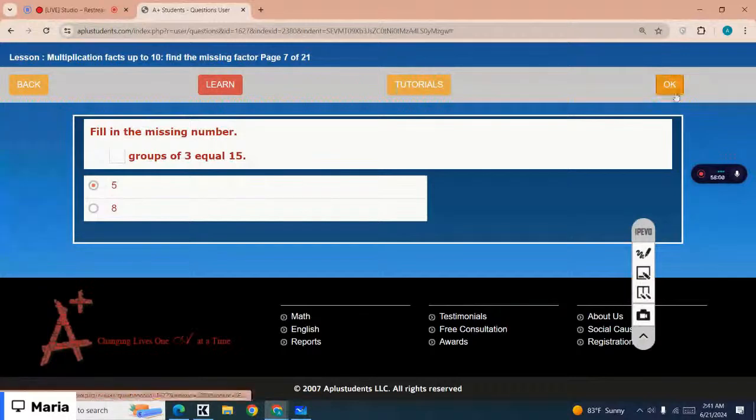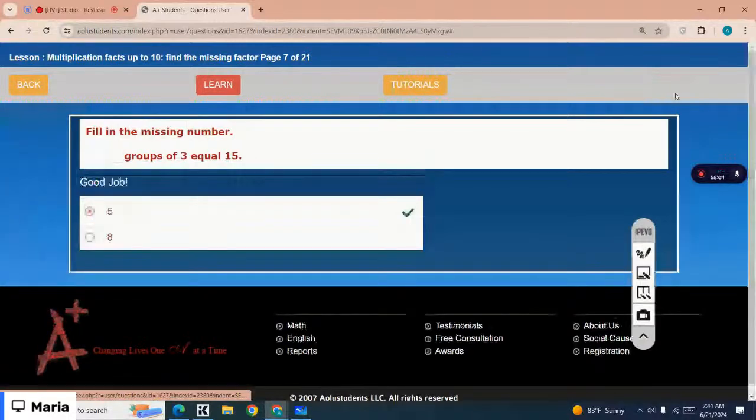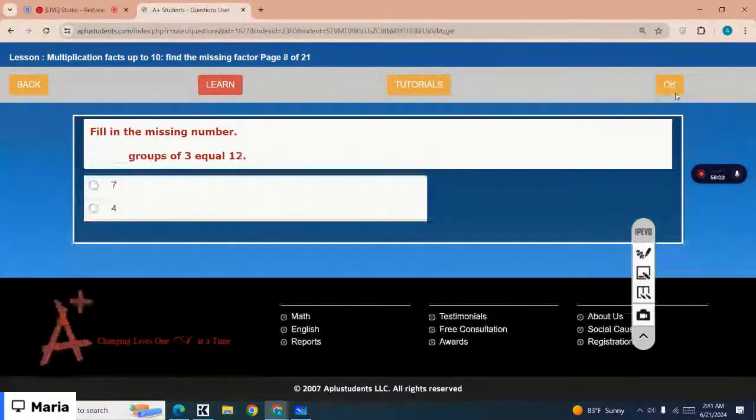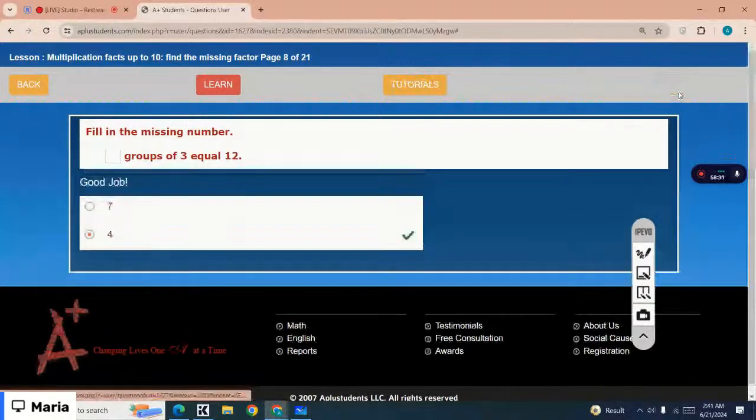So the correct option is 5. Fill in the missing number. How many groups of 3 equal 12? Which is the correct option? Yes, that is 4 groups of 3 equals 12. The correct option is 4.